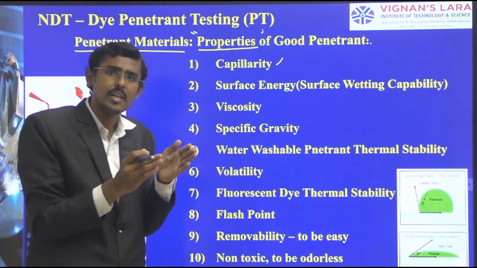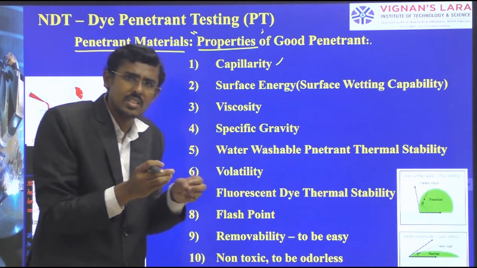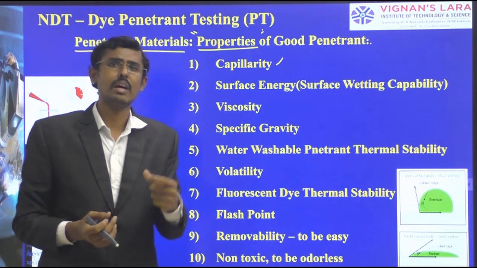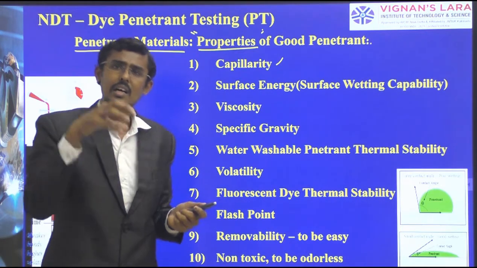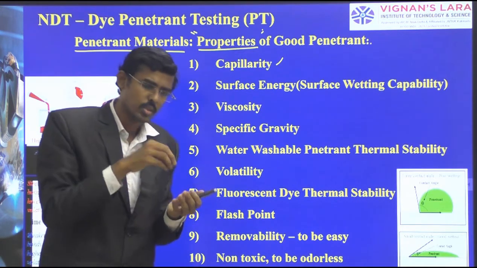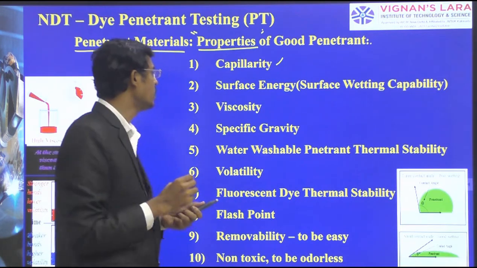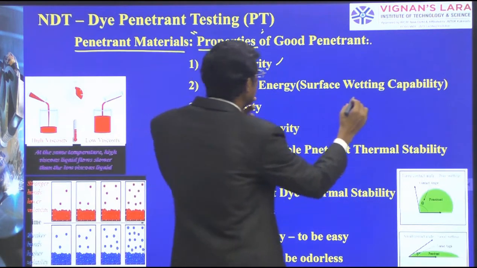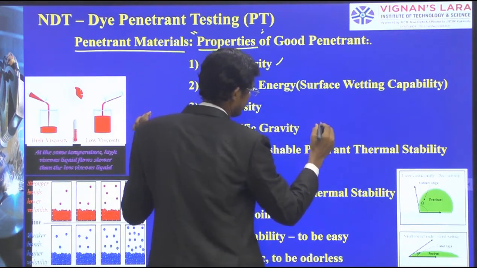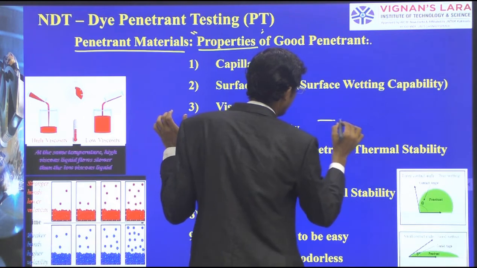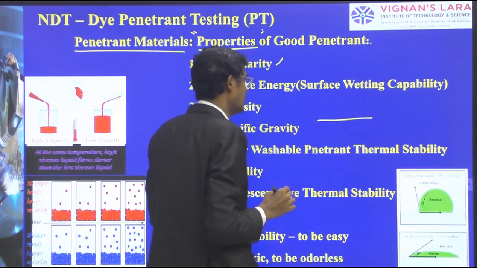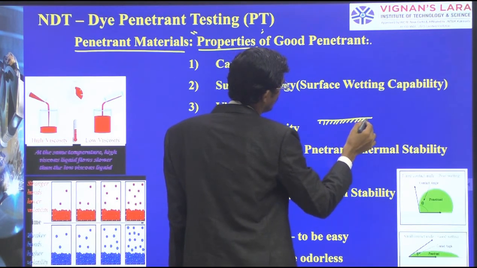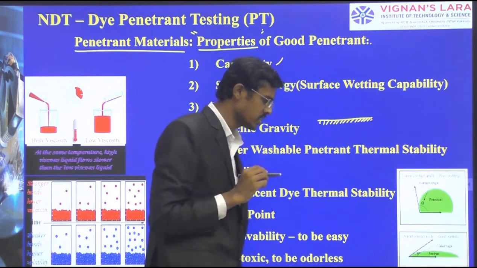This wettability has some specific value, like a contact angle, showing how the liquid spreads over the specimen. You see, we have a sample, and let us assume it is a solid on which we are going to do the inspection.